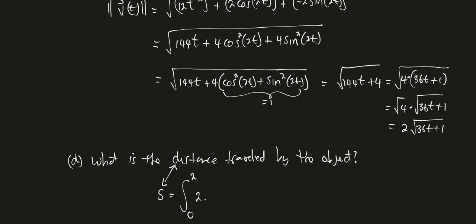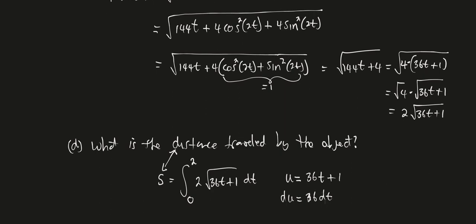So I'll have 2 root 36t plus 1 dt. What integration technique can we use here? Well, I think a standard u-substitution will work. So I'm going to let u be the inner function here, 36t plus 1, which means du is 36 dt.